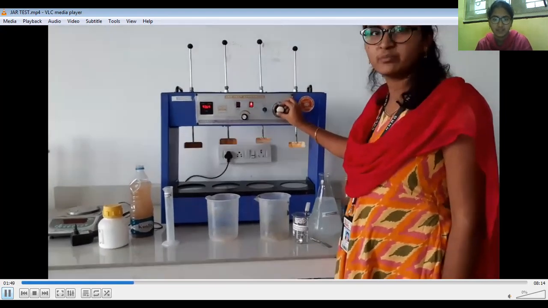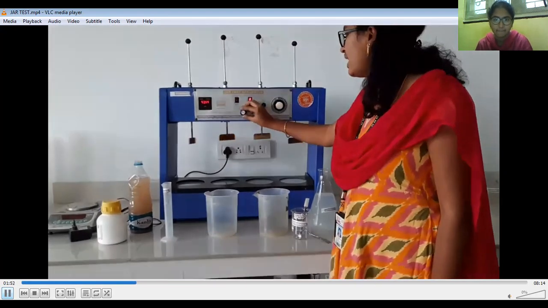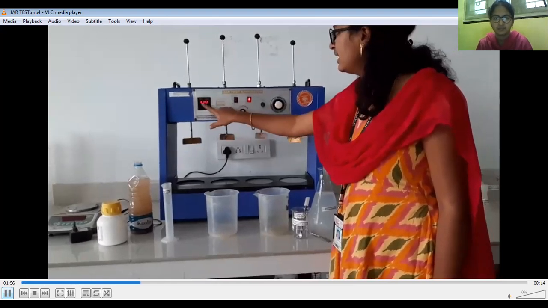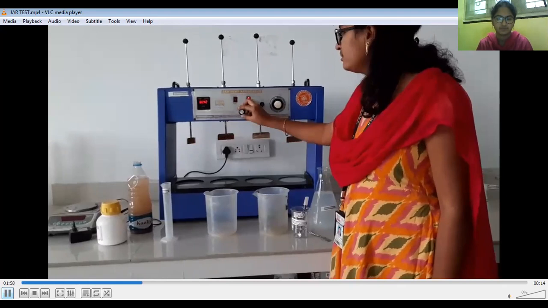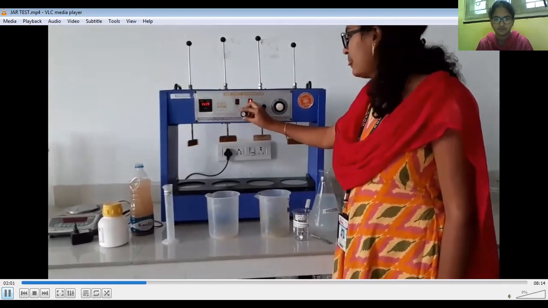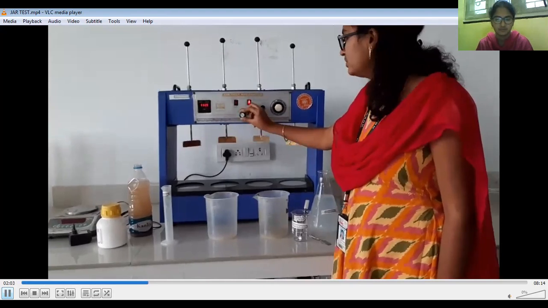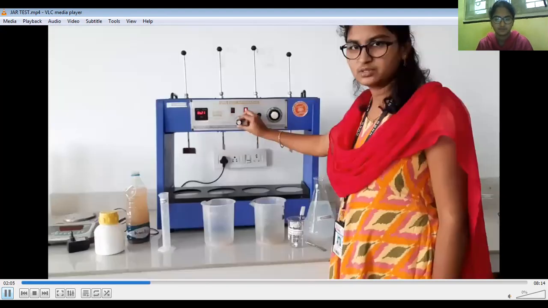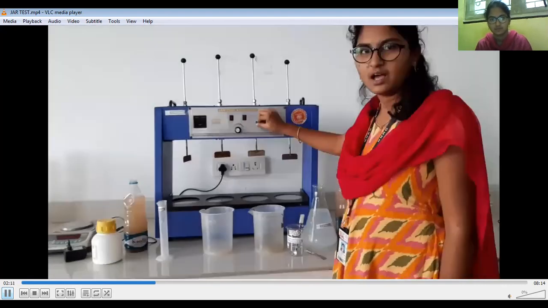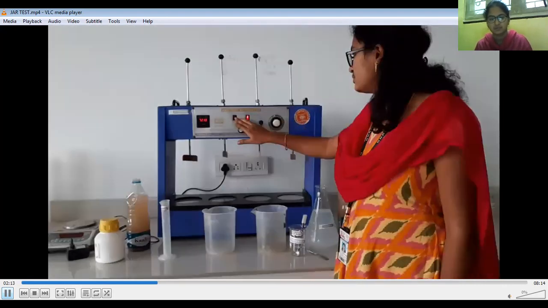That is speed adjustment, timer adjustment and speed adjustment. On and off button for the motor.